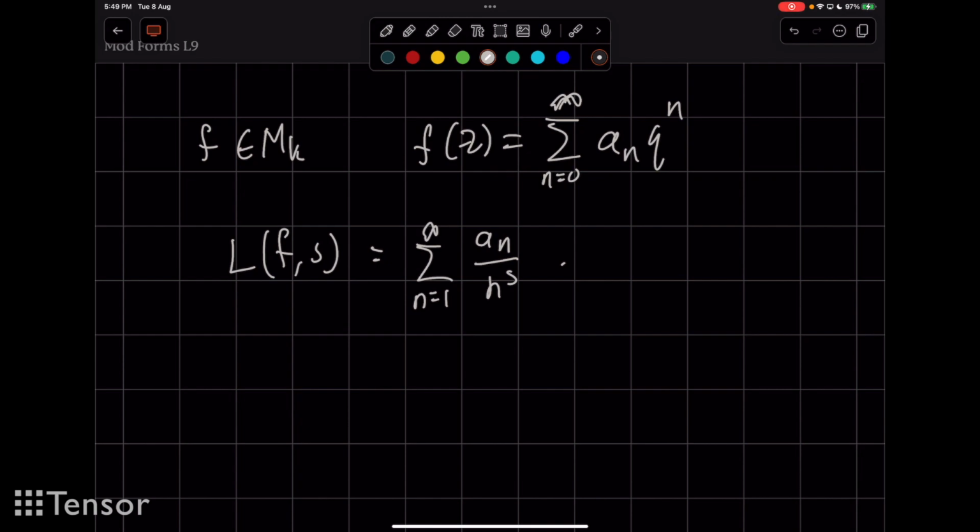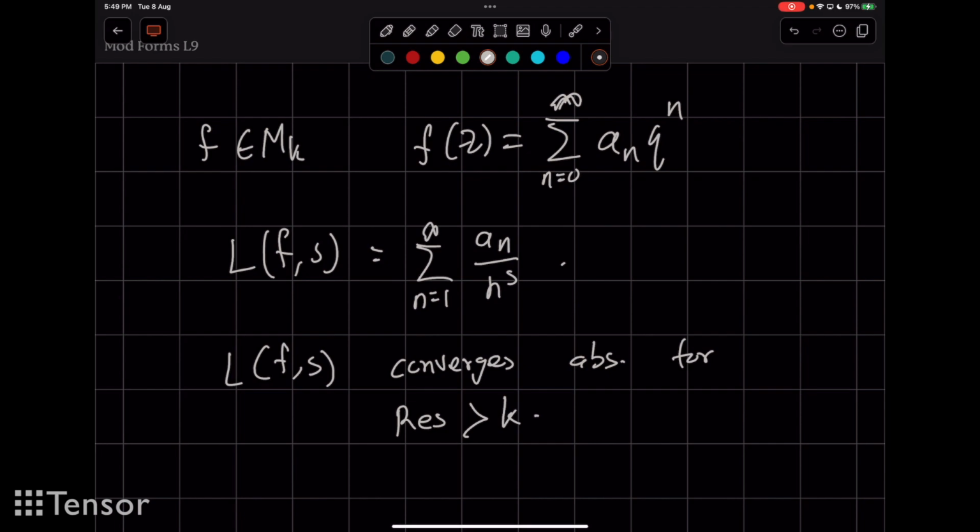And I think we proved that the L function converges absolutely for the real part of s being greater than k, where k is the weight of the modular form. Real part of s greater than k.